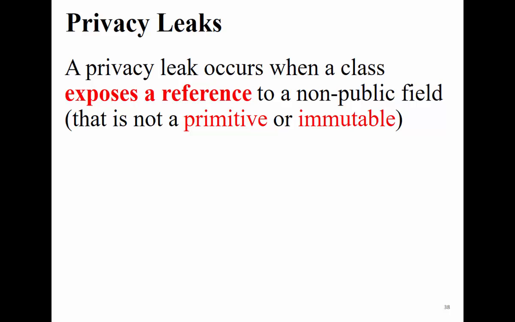Privacy leak is very important, and this is what we mentioned here. This is not a primitive or an immutable. So whenever you expose a reference to an object, this is a privacy leak. You have a field, a relation between two objects, where one object is a field in the other class. If you allow the client to access this field through the reference, this is a privacy leak.